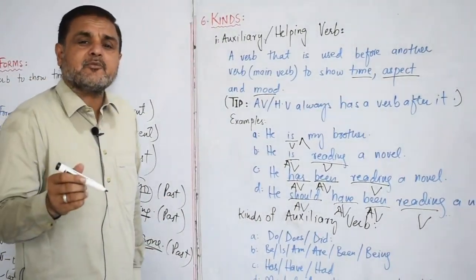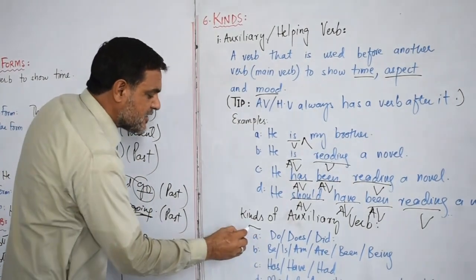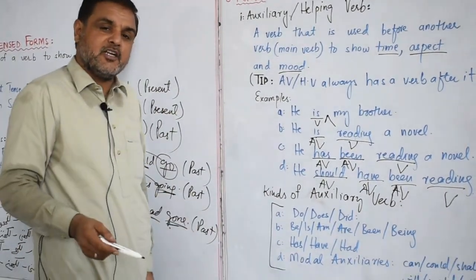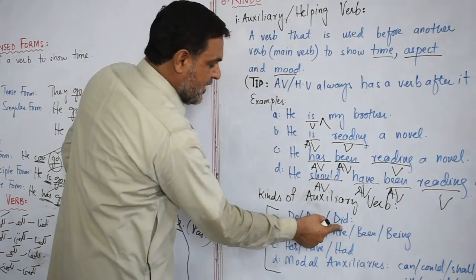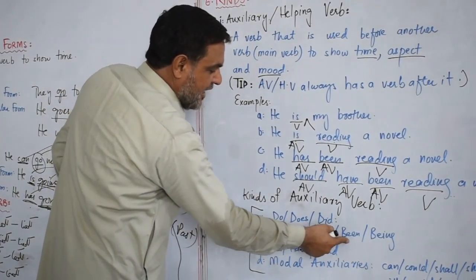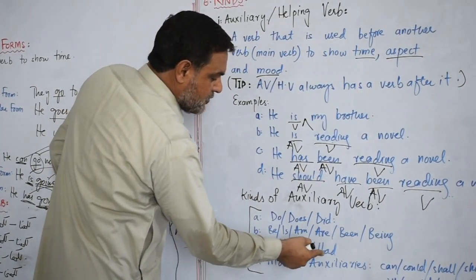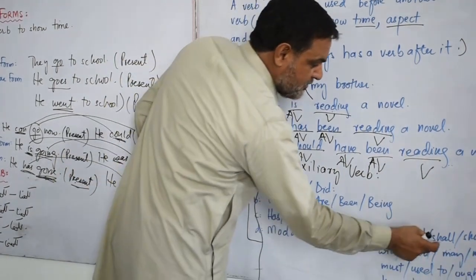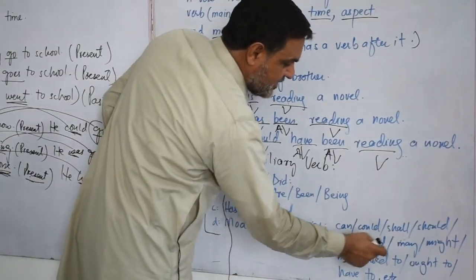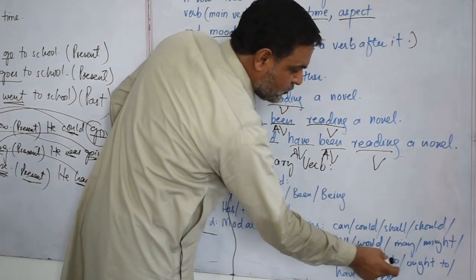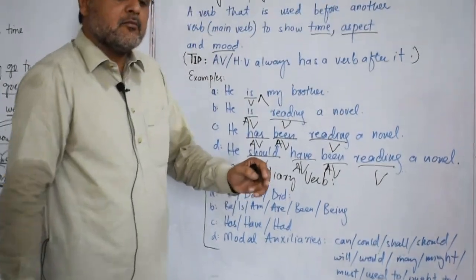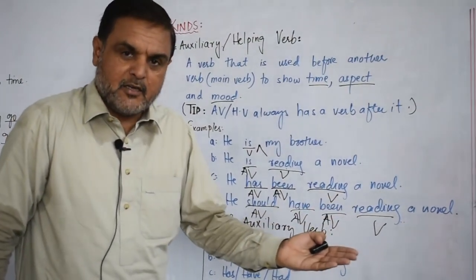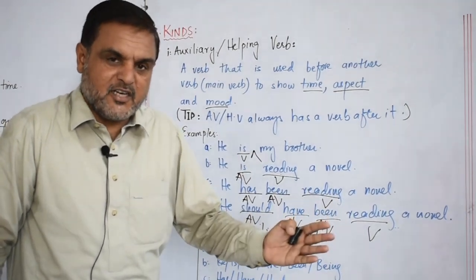So auxiliary verbs are limited in number, and this is the total number of auxiliary verbs: 1, 2, 3, up to 24, and add a few more of the modal auxiliaries, semi-modal auxiliaries particularly.